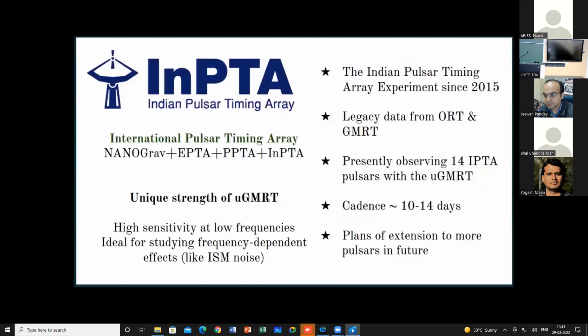Since the upgraded GMRT is highly sensitive at low frequencies, the InPTA data would be ideal to study the interstellar medium delay effects that are most prominent at lower frequency regions. The InPTA experiment was conceived back in 2015, and presently we are observing around 14 pulsars with approximately 10 to 14 days of cadence.